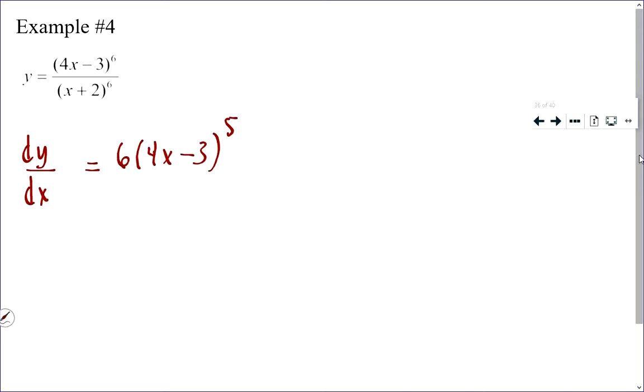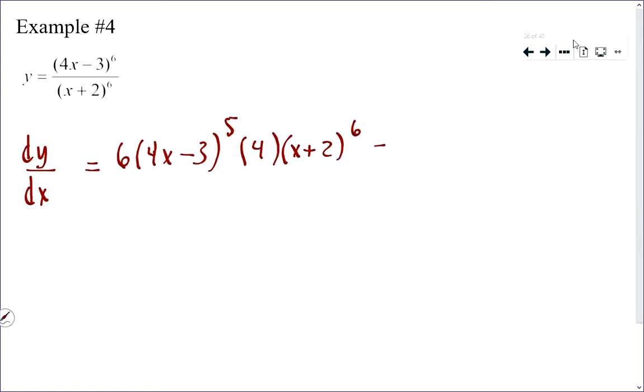The derivative of the top is found by wrapping the 6 around the base, which remains the same, dropping 1 from the exponent, then multiplying by the derivative of what's inside. The chain rule has to be used here. There's that factor of 4. Times the bottom, minus the top, times the derivative of the bottom.